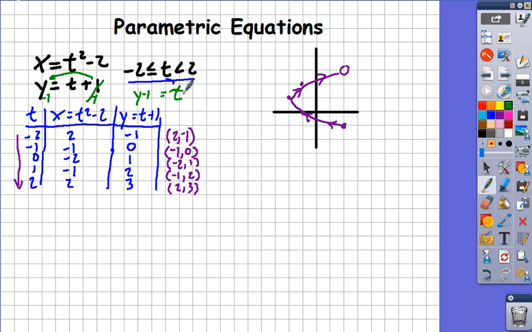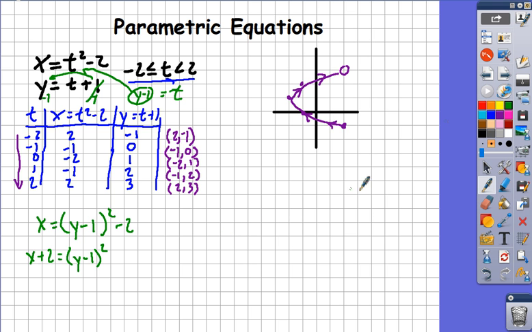And all we're going to do is substitute that in place of the parameter, in place of t, in the other equation. So down here we're going to get x equals t squared minus 2. But t is equal to y minus 1. So y minus 1. Now we can go ahead and add the 2 over there, and we would have x plus 2 equals y minus 1 squared.